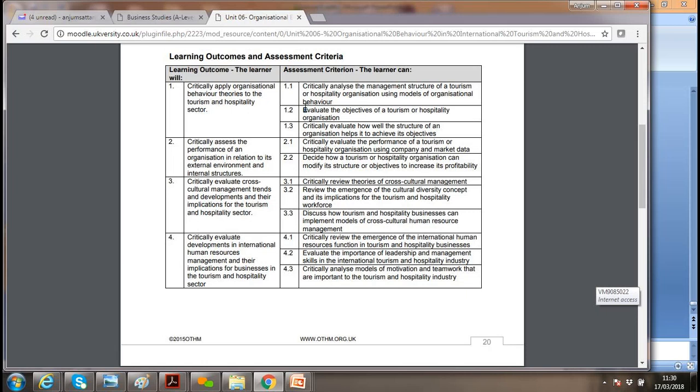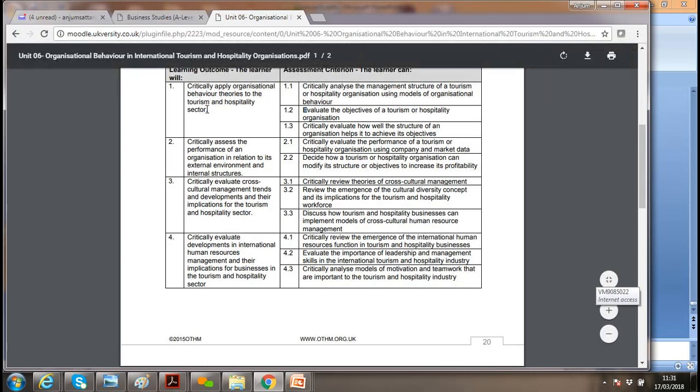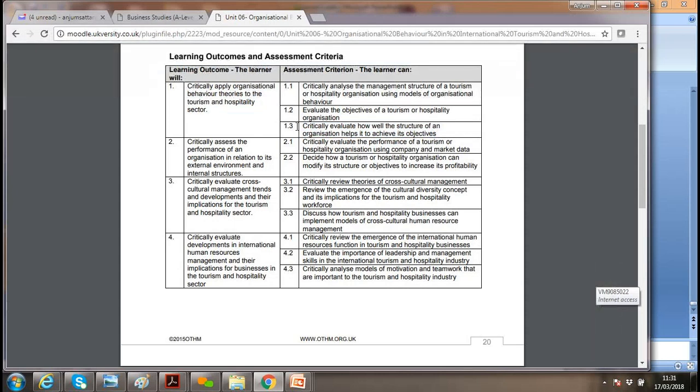Evaluate the objective of the hospitality industry: kindness, happiness, and hospitality meaning acts of kindness. Critically evaluate how the structure of hospitality organizations helps to achieve the objective, working as a coordinated activity with internal and external stakeholders.